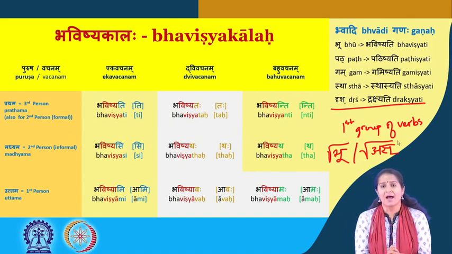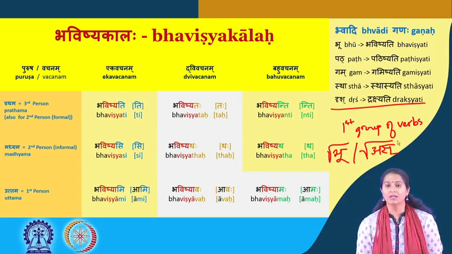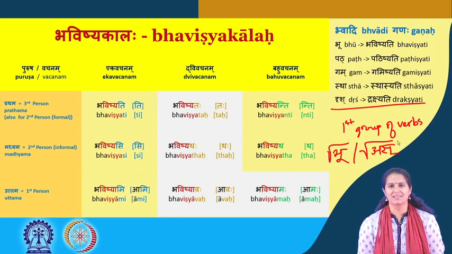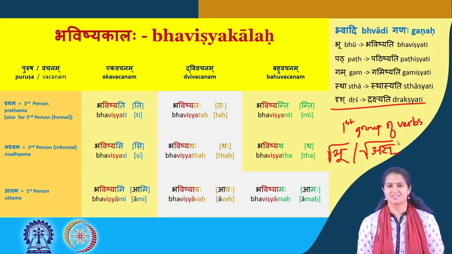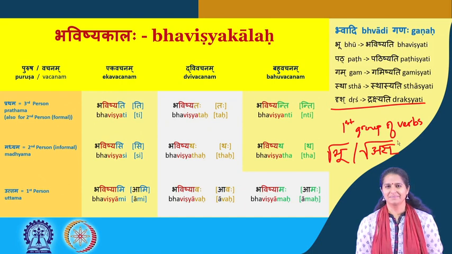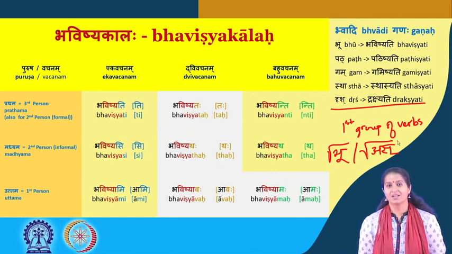Now I'd like you to make a sentence here. If you say we will become knowers of Sanskrit, how would you say that? We, plural, will become knowers of Sanskrit. How would that be? We will be, vayam.